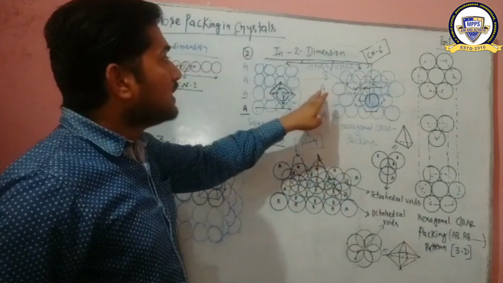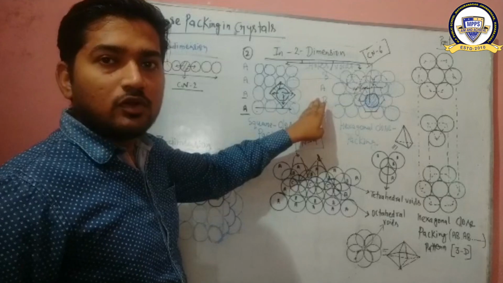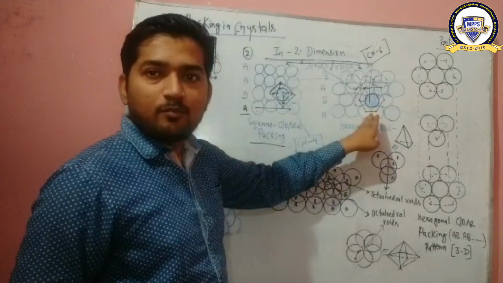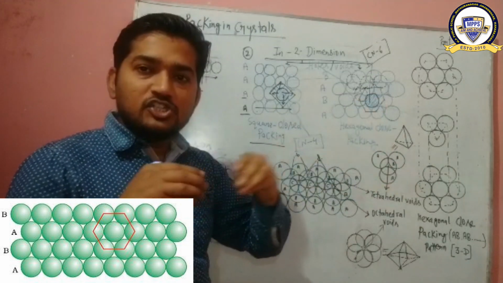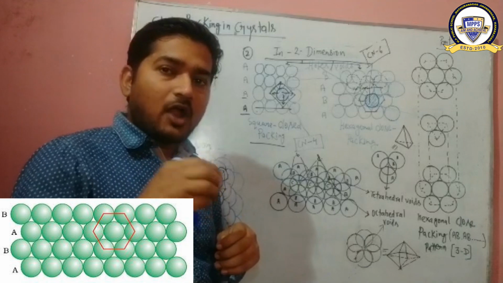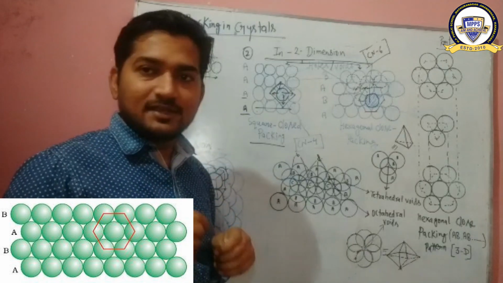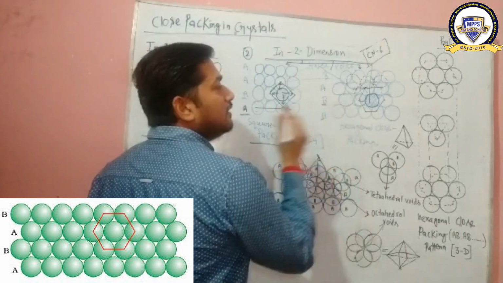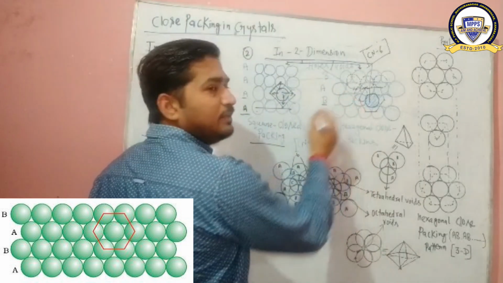Okay. In the second case, hexagonal close packing. In this type of packing, the arrangement is such that they acquire the least intermolecular space. If we look at the first layer A and B, how does B arrange?